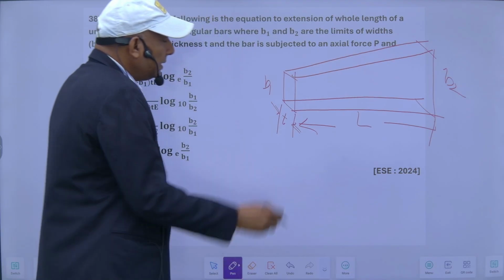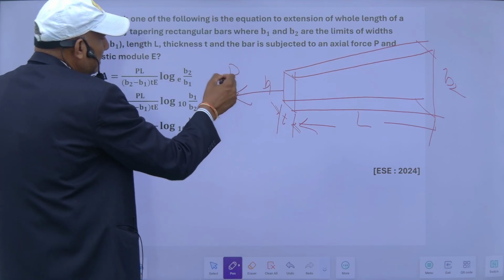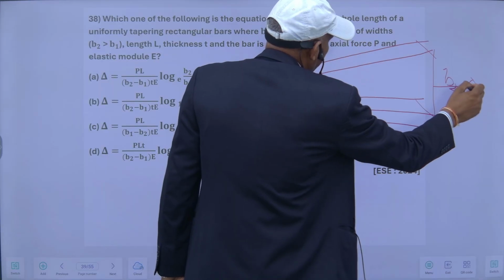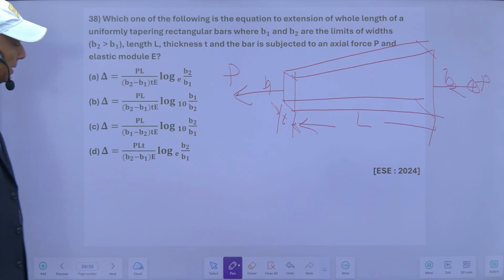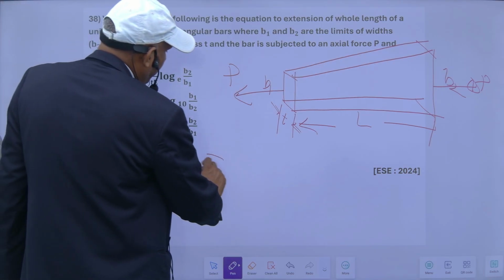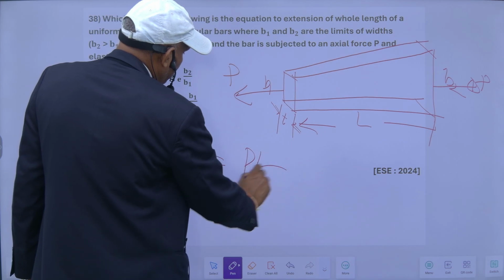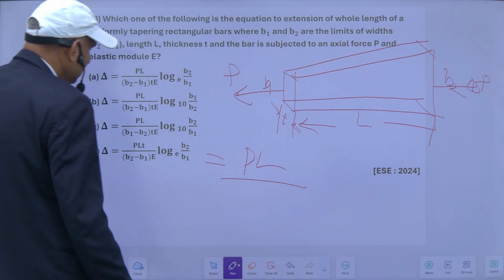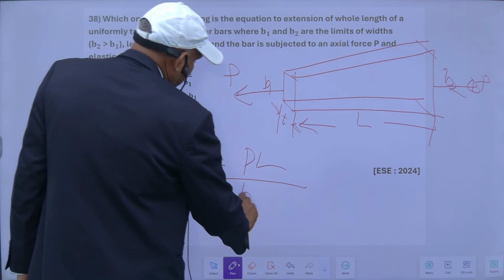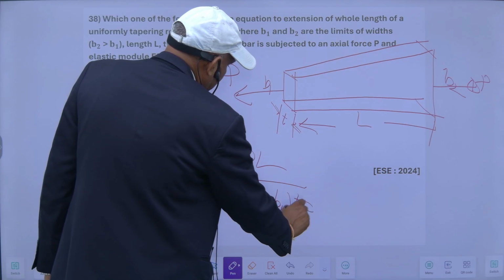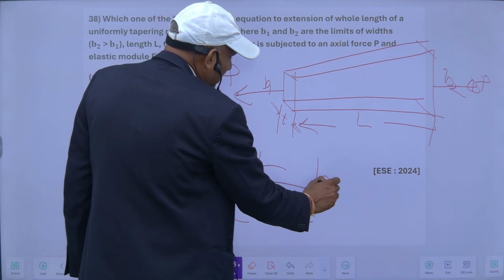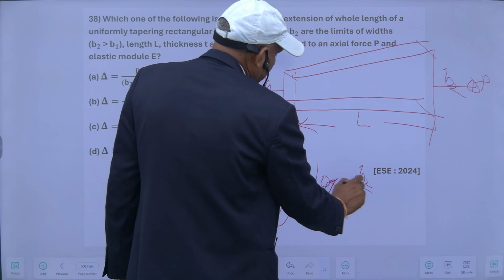So in case of a uniformly tapering bar, the formula of the elongation is as I have described earlier. This will be equal to PL upon (B2 minus B1) into t into natural log of B2 upon B1.